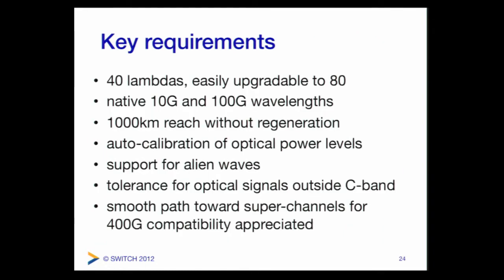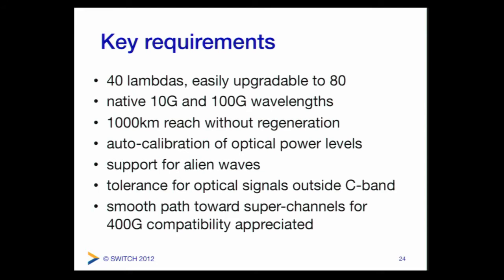Key requirements, this may be a bit boring: 40 lambdas at least, maybe 80 or upgradable to 80. Definitely we need native 10G and 100G. Just 100G is too expensive. A 1,000 kilometer reach sounds a bit big for Switzerland, but if you have this ring and want full restoration, then we need 900 to 1,000 kilometers.